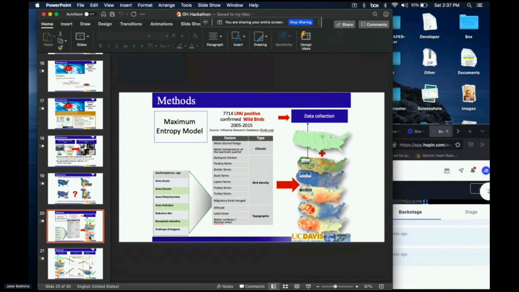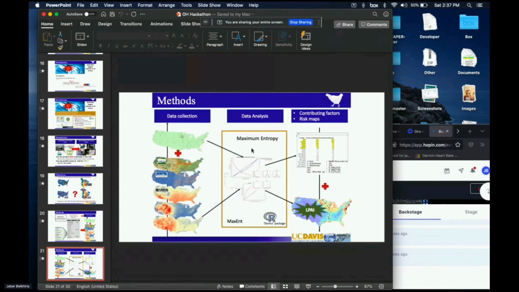So I transformed that data from Excel sheets to spatial data, so maps, that I entered in my model to basically create a risk map and detect the most important predictors.